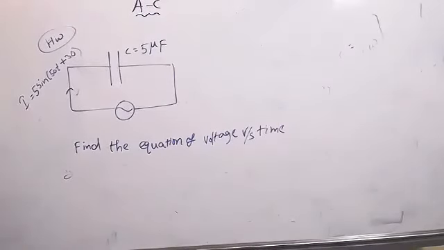Practice well. These are the three circuits: pure resistive circuit, pure inductive circuit, and pure capacitive circuit. Next topic is also circuits: LC circuit, inductive and capacitive, and LR circuit. So double circuits, not pure, with two combinations. We will learn with the same methods in the next class.